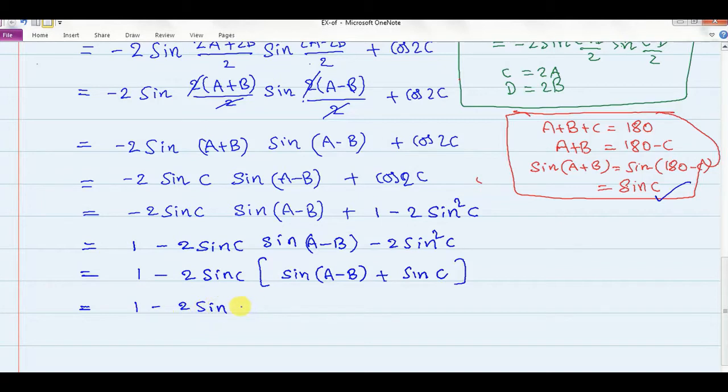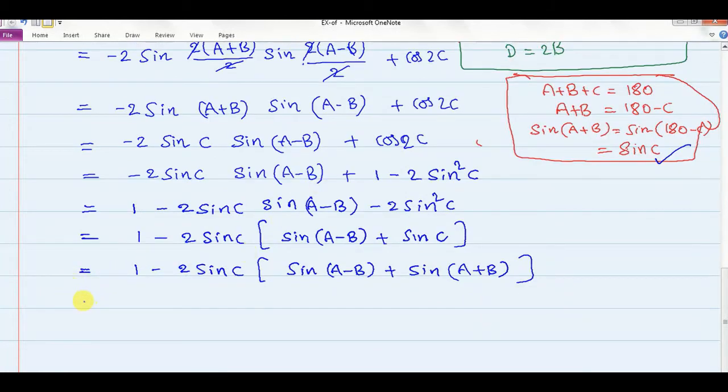So write the 1 as the first term. Later adjust the terms: minus 2 sin c into sin of (a minus b) and minus 2 sin square c.